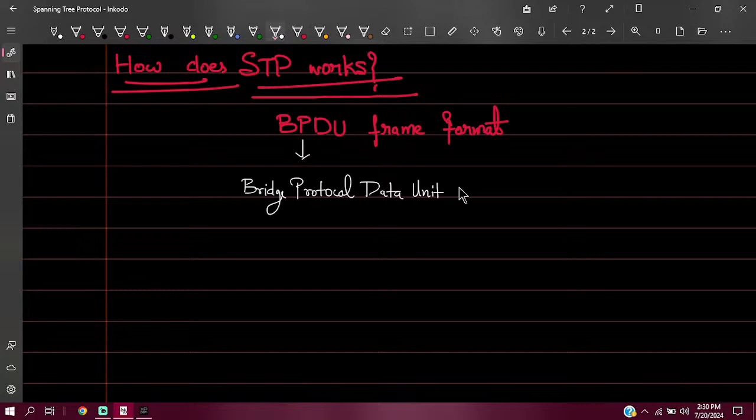तो मैं कभी कभार पढ़ाने के दौरान ब्रिज और स्विच दोनों वर्ड्स को इंटरचेंजेबली यूज करूंगा, like the bridge ID and the switch ID. So please don't get confused about it. Now, what exactly is the BPDU frame? Let's look into that too. Loop avoidance के लिए Cisco switches पर by default spanning tree enable होता है.